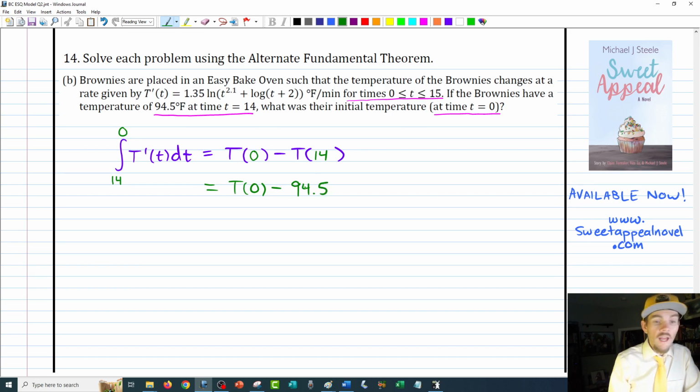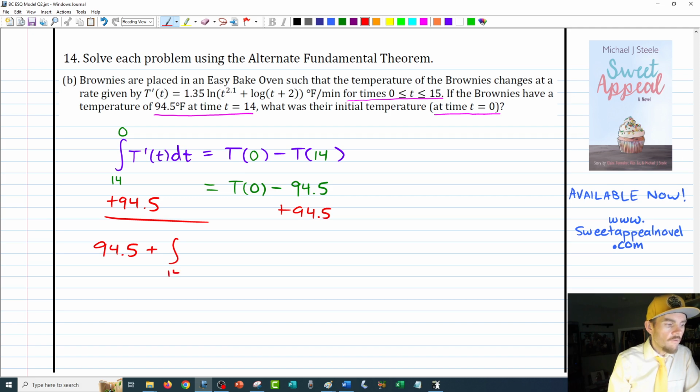And since 94.5 is our piece and we're trying to solve for T of 0, all we have to do from here is add that 94.5 to both sides. As soon as we do, we get 94.5 plus the integral from 14 to 0 of T prime of t dt is going to be equal to T of 0, the initial temperature, and of course our calculator can find this.